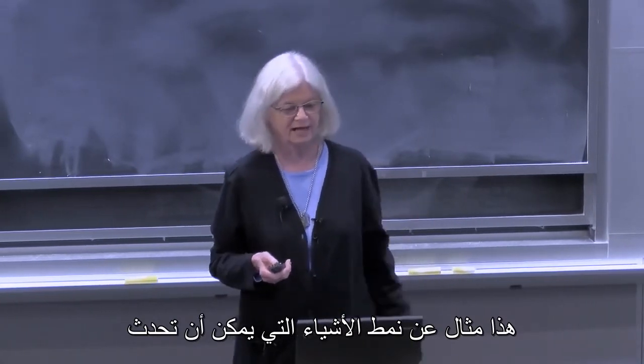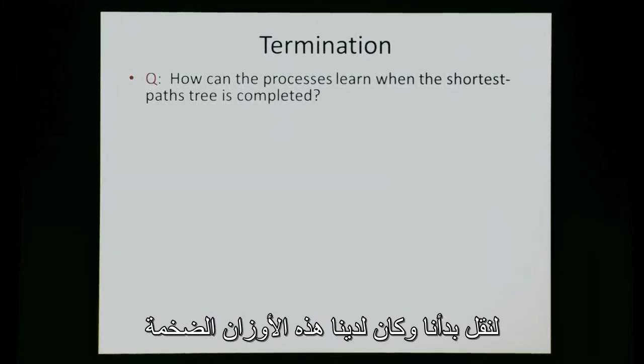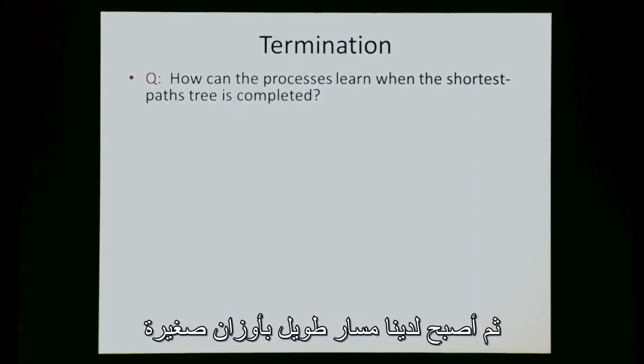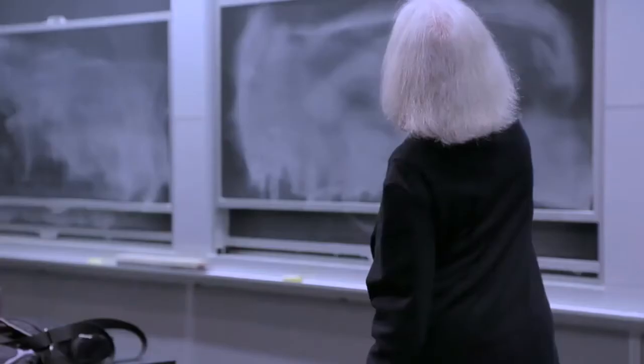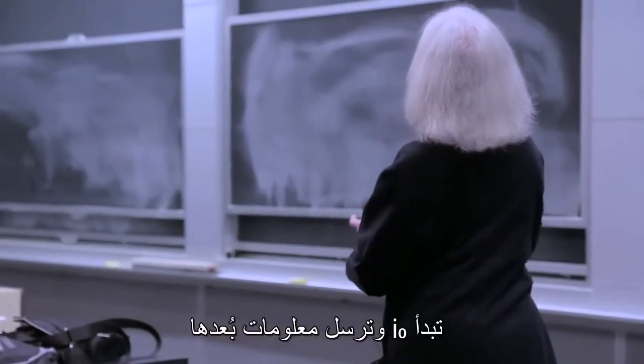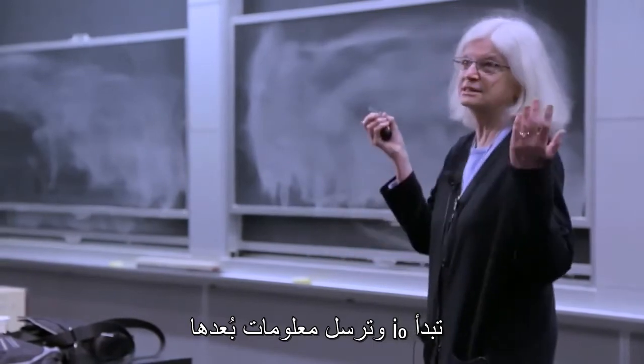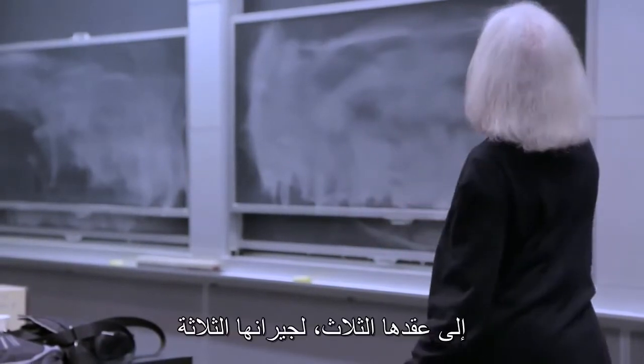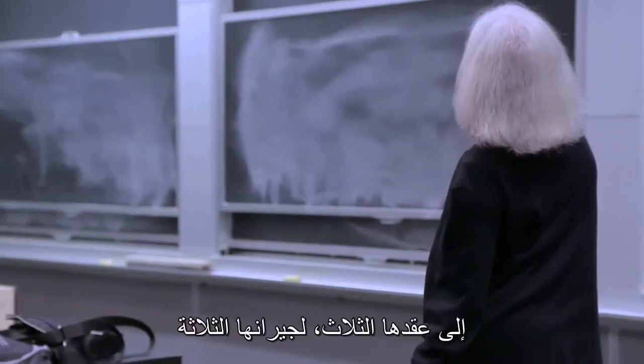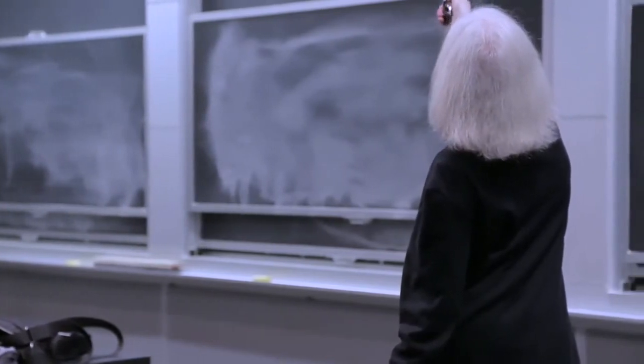So here's an example of the kind of thing that can happen. Let's say you start out, you have these huge weights, and then you have a long path with small weights. So I0 starts out and sends its distance information to its 3 neighbors.